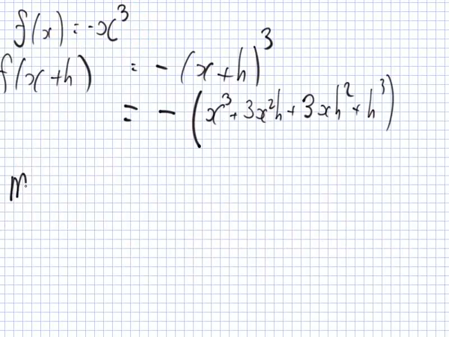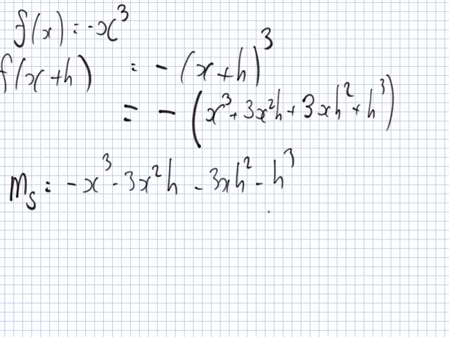So the slope of the secant equals f of x plus h minus f of x. So f of x plus h, oh sorry, that should be a minus. Minus, and then at the back is minus x cubed, so plus x cubed all over h.